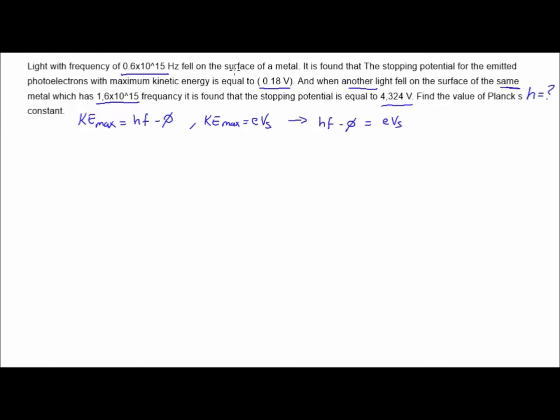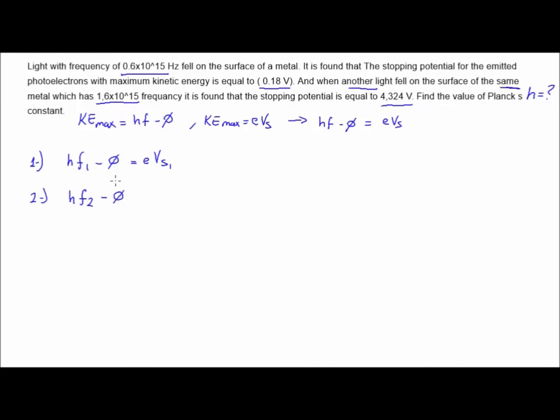And we have two pieces of information about the same metal, so we are going to obtain two equations. The first equation is going to be h times f, the first frequency, minus phi equals eVs, the first stopping potential, and the second one is h times f2, the second frequency, minus work function.